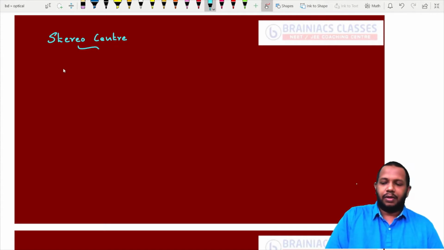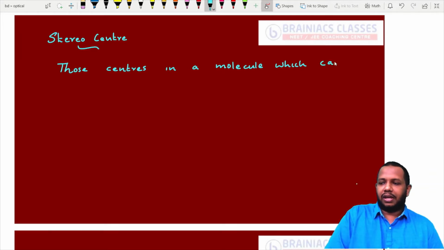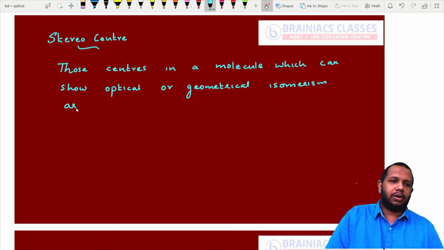So I can say those centers in a molecule which can show optical or, very important, optical or geometrical isomerism. Very, very important.